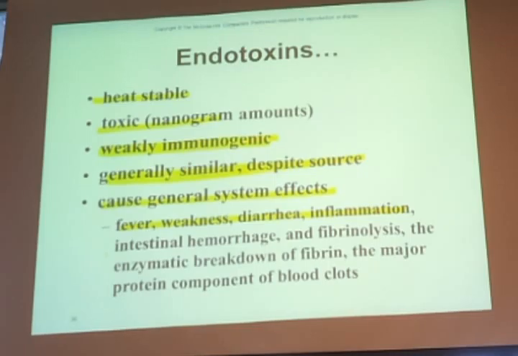So you can see where some of this information is very helpful on treatment, because it gives the doctor additional information on how to treat somebody. If they have an endotoxin-producing infection, they're not going to want to kill it off at one time, and they might recognize this by these general things.